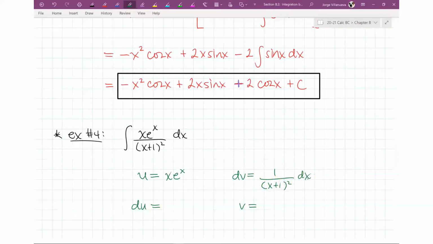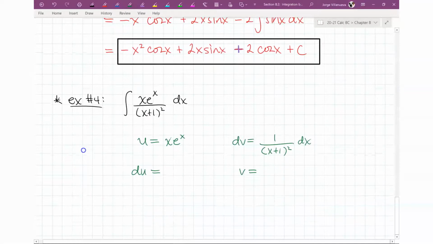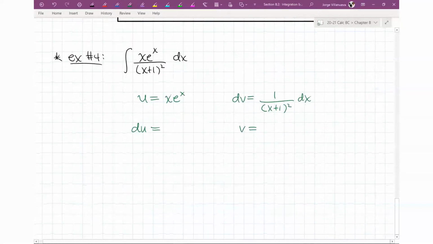Now the u function, x e to the x, that's going to be a product rule. So the derivative of x is 1, so it's just e to the x, plus x times the derivative of e to the x, which is just e to the x dx. So there's my du.